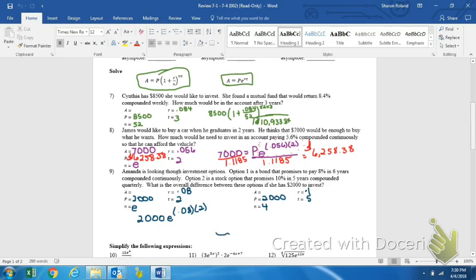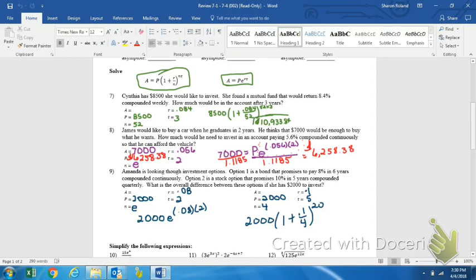Then over here, it's going to be compounding quarterly, and so that's going to be 2,000 times 1 plus 0.1 over 4 to the exponent nt, so that's 4 times 5, so it's going to be to the 20th.